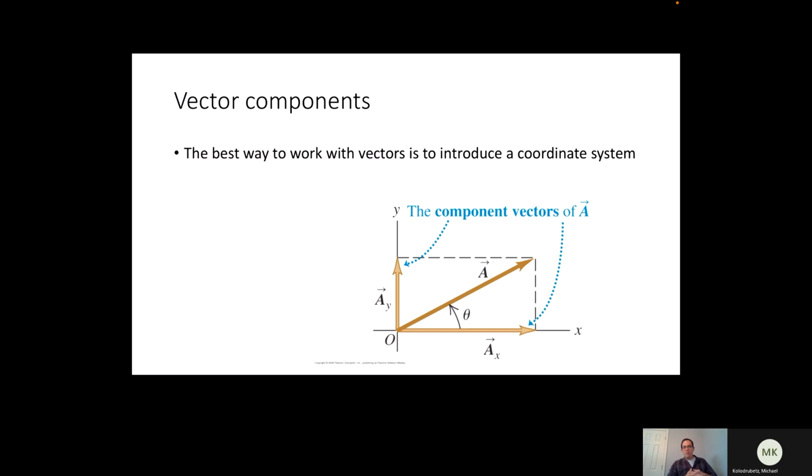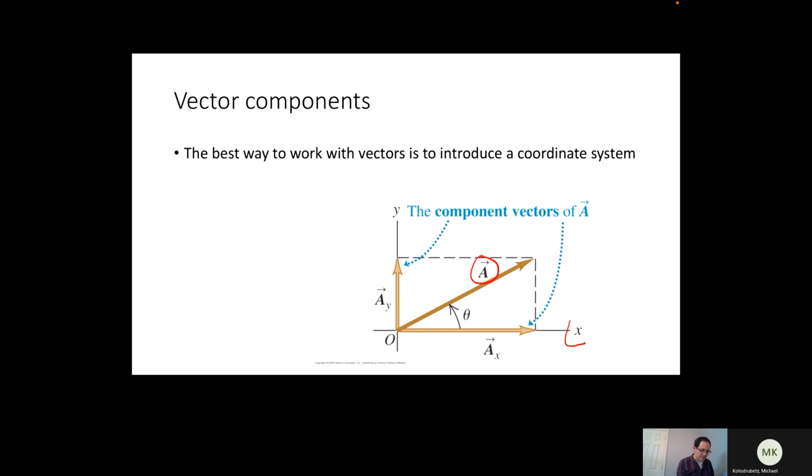The majority of the time, we're going to want to think of vectors in a certain coordinate system. So the way we're going to do this is introducing what are called vector components. The idea is as follows. Imagine I have some vector A that I'm interested in. And what I'm going to do is write down some world that it lives in, some basis, a coordinate system.